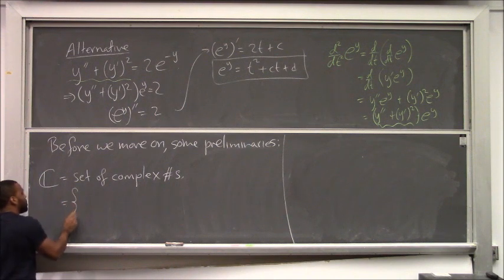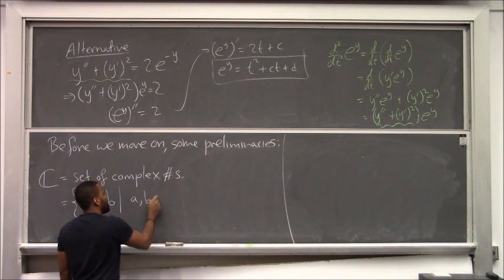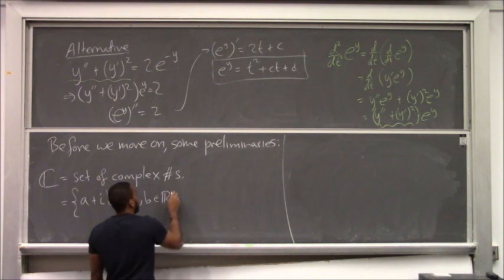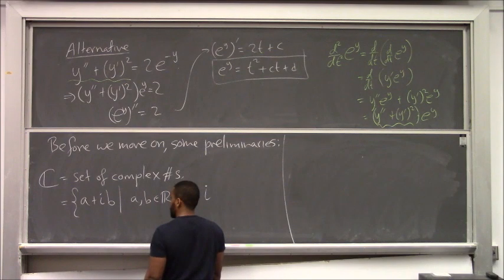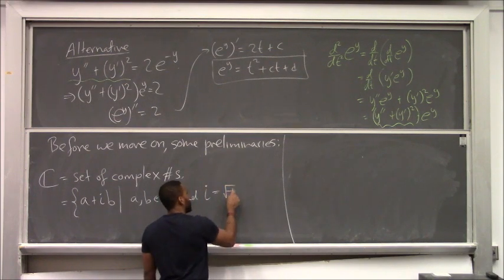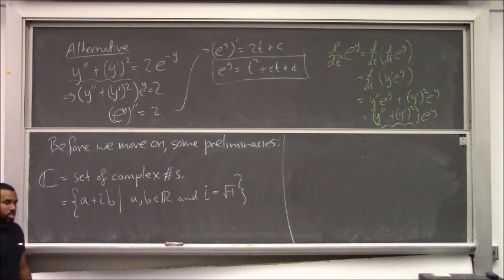This is the set of all things that look like a plus ib, such that a, b are real numbers. And i, does anyone know what i is? It's the square root of -1 by definition, right? Someone didn't like the fact that they couldn't solve the quadratic x squared plus 1 equals 0, and they made up an answer to it.